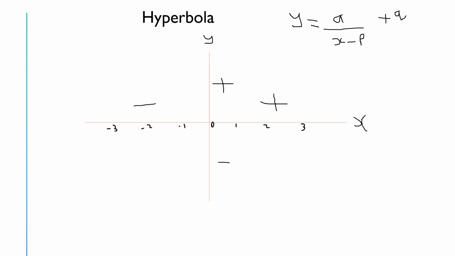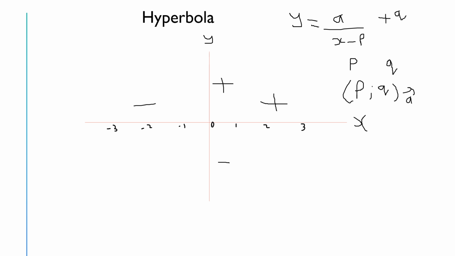On that equation, you've got your a value, which can either be negative or positive. Then you've got p and q. These two are very important on your hyperbola graph. You must always know that the p and q values give us what we call asymptotes.